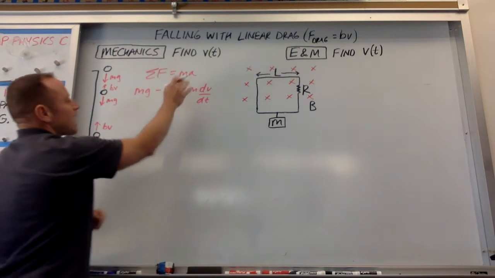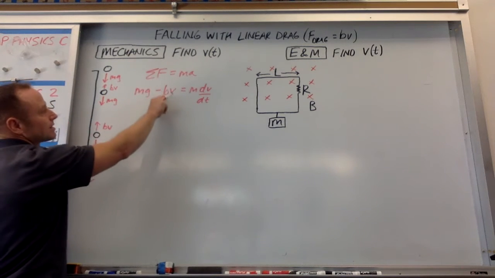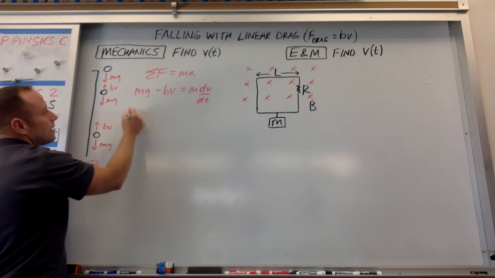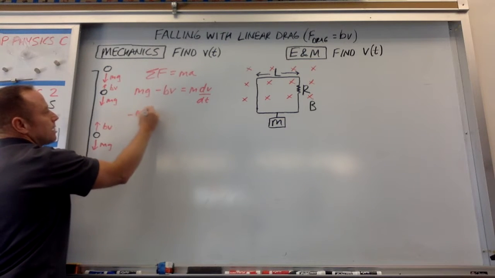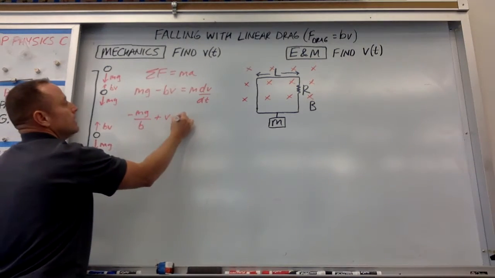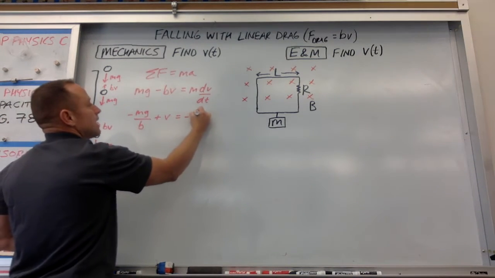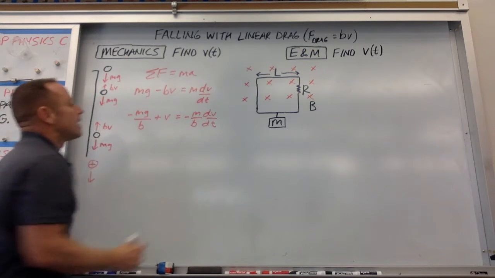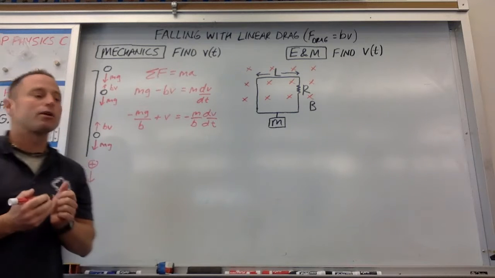Different styles of this, just personal preference. I like to clear the coefficient on it, so I'm going to divide through by minus b. You'll get minus mg over b plus v equals minus m over b dv dt. And then I'm going to separate and integrate.